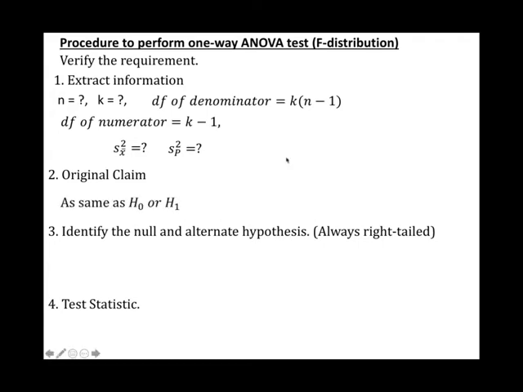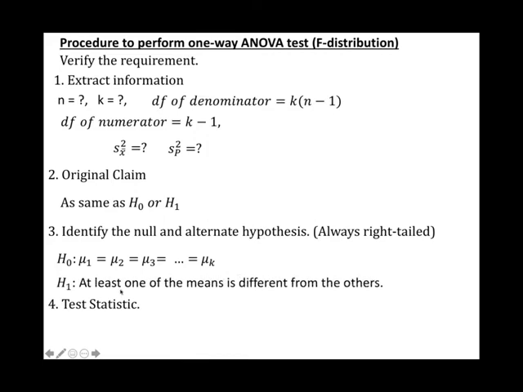The original claim is either the null hypothesis or the alternate hypothesis. For the null hypothesis, in this section, we want to test the hypothesis that the population means are all equal to each other. So this is always equal, and you can see the K here, it depends on how many populations you have.